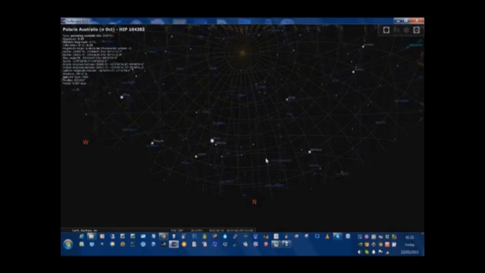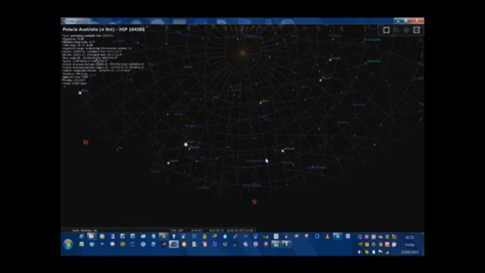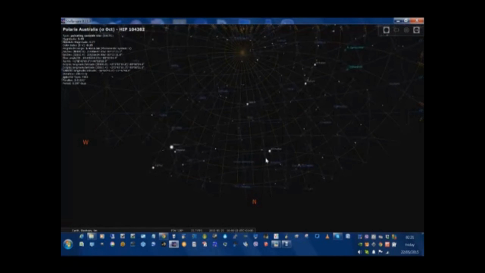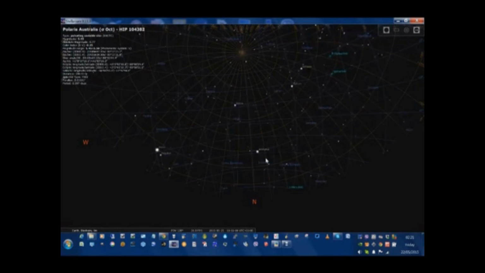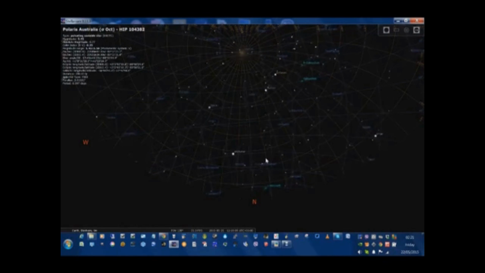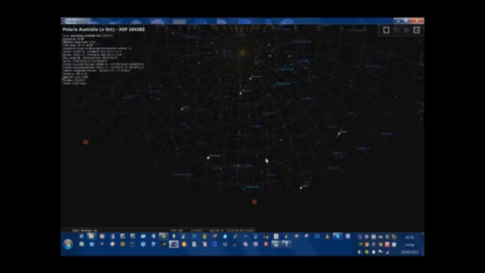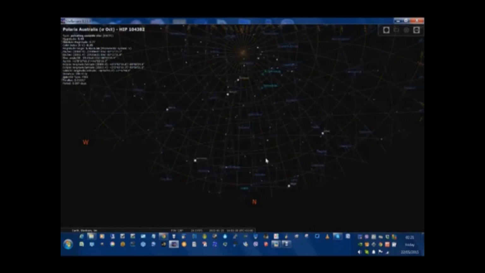When you're looking south in New Zealand, you're looking to what us in Europe, say England, the UK, call north. So if you look south in New Zealand, you're really looking north from a UK person's perspective. And if you're looking north from a New Zealand perspective, you're looking south from a UK perspective.